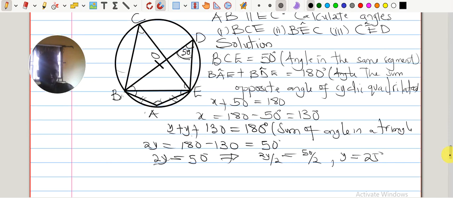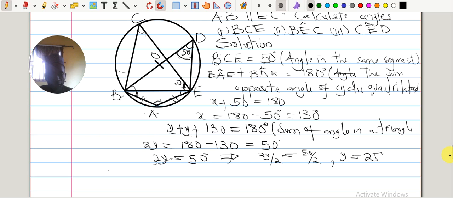Now, to determine the third, we want to calculate BEC. When you look at this one, we have BEC here, okay? Let me call this one W, right? So it's step by step. If you look at this angle here, and this angle here, this one is alternate to this angle, right?